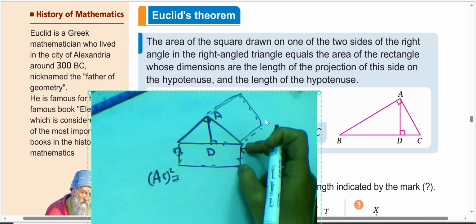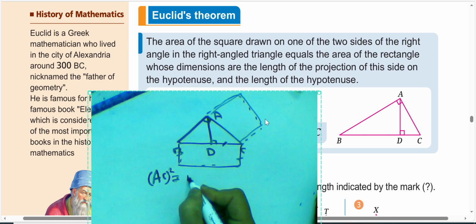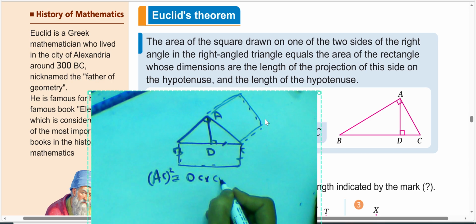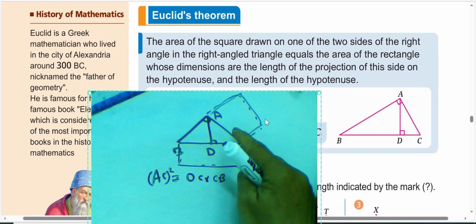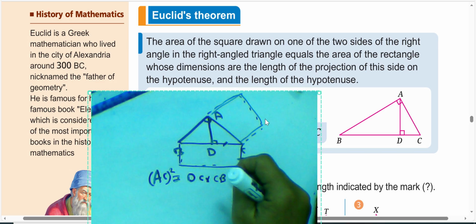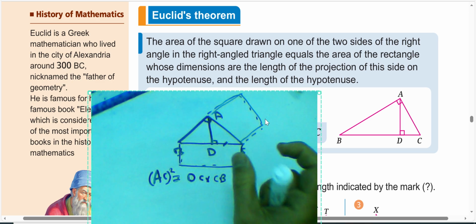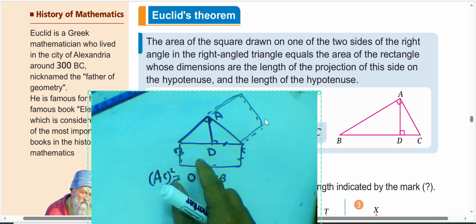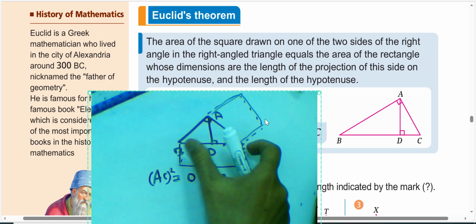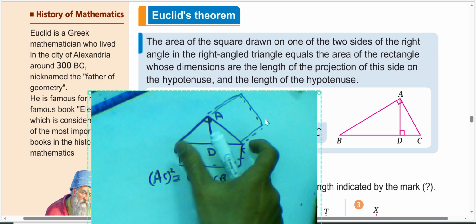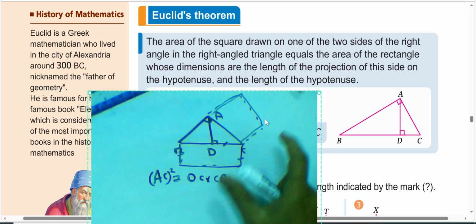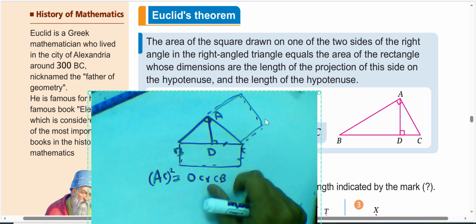Look, the width here equals DC, this part equals this part, then we have DC product by BC. Then the area of the square drawn on one of the two sides of the right angle triangle equals the area of the rectangle whose dimensions are the length of the projection of AC, which is DC, product by the hypotenuse BC.